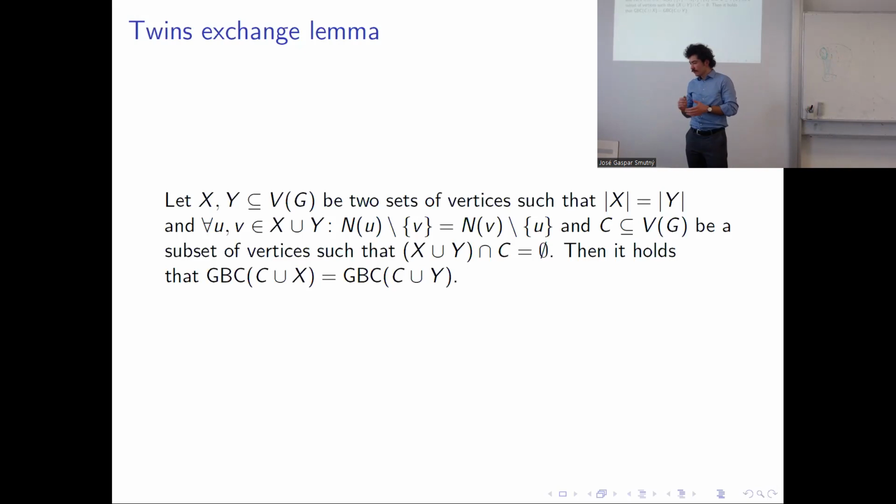And then there's a group C, a subset of vertices sharing no vertices with X and Y. The lemma tells us that the group betweenness centrality of C union X equals that of C union Y. This is the result we are after. So basically, we can substitute vertices which are twins. That's the idea. We can exchange twins.